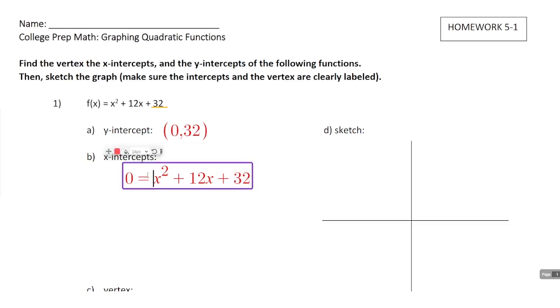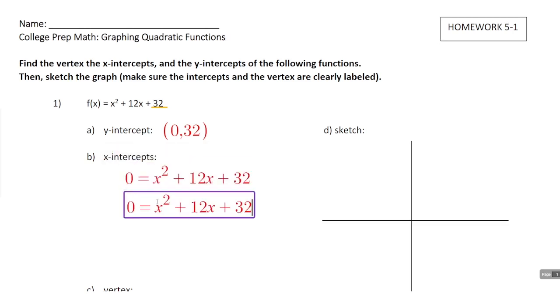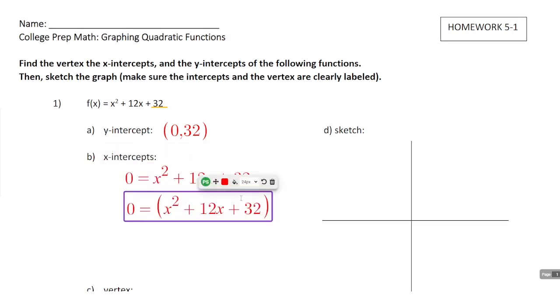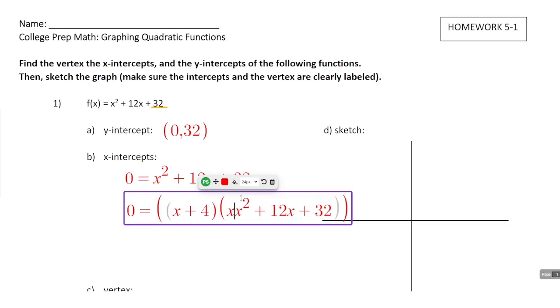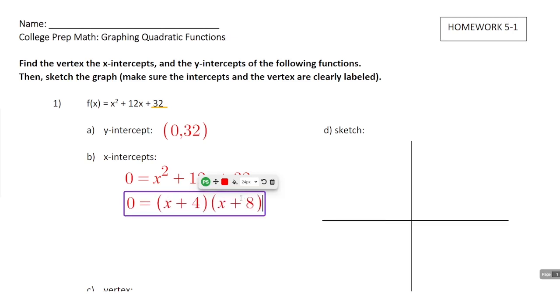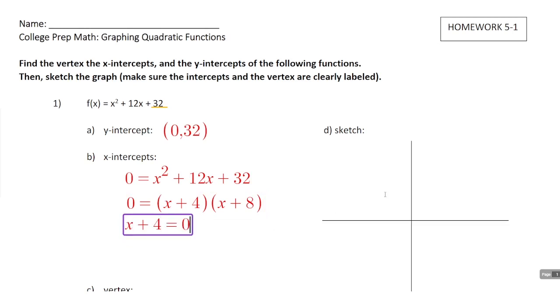So I'm going to rewrite this as x plus 4 times x plus 8. And then I can set each one of these equal to 0 and solve them independently. This is going to be how we find our x-intercepts.